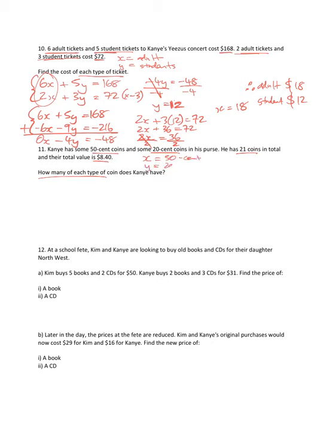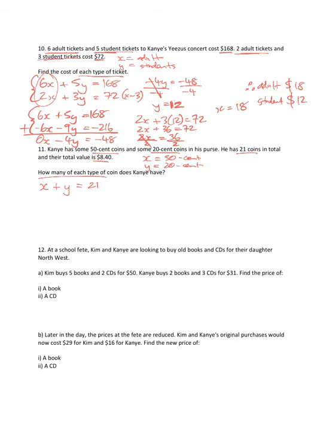Y equal 20 cent. So, if X is the number of 50-cent coins, and Y is the number of 20-cent coins, and I've got 21 coins in total, that's my first equation. Number of 50 cents plus number of 20 cents is equal to, I got 21 coins overall.